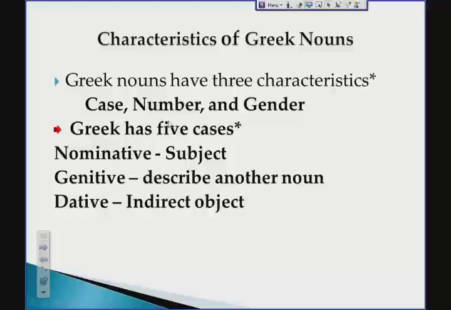We're talking father and son relationship. The genitive describes another noun in three ways. One is relation. If you say, Brenda is the sister of me, how are you related to Brenda? You are brother and sister. So Brenda is the sister of me. That's relation.